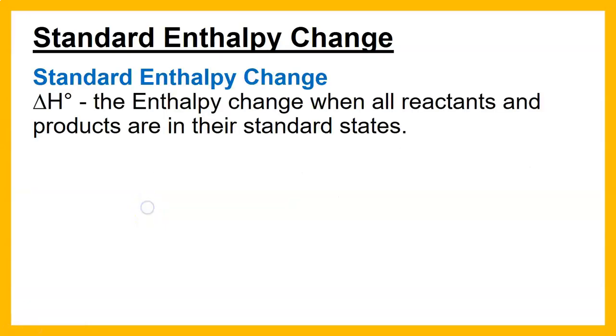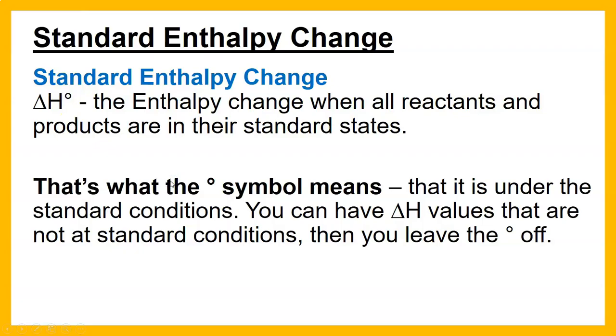So the standard enthalpy change is the change in enthalpy when all of your reactants and products are in that standard state. If you notice, there's a little degree symbol up here. That little circle is telling you that you're using standard conditions and standard values.